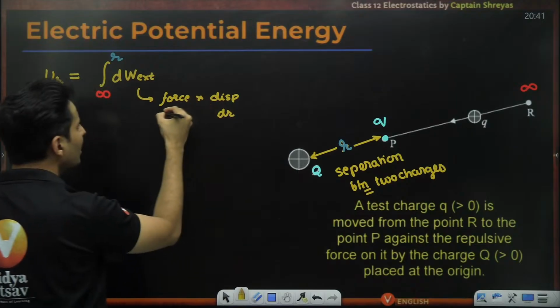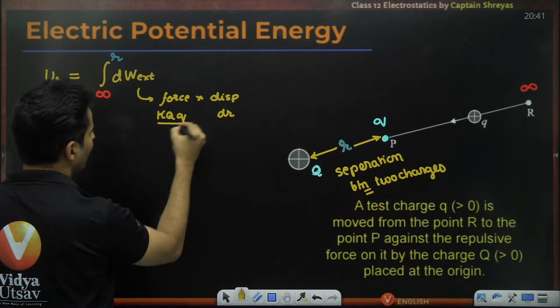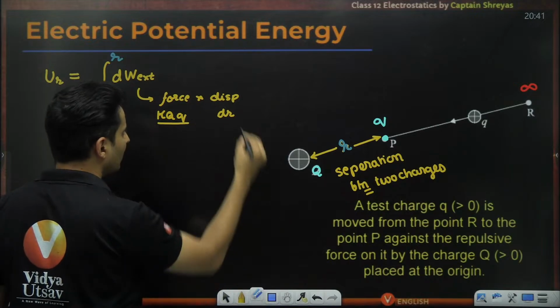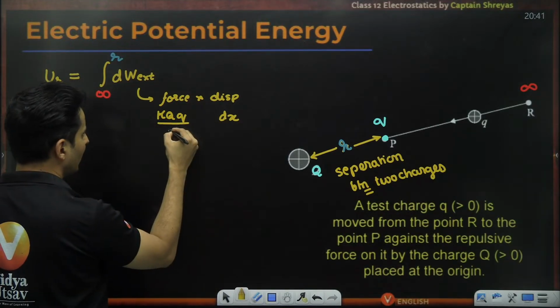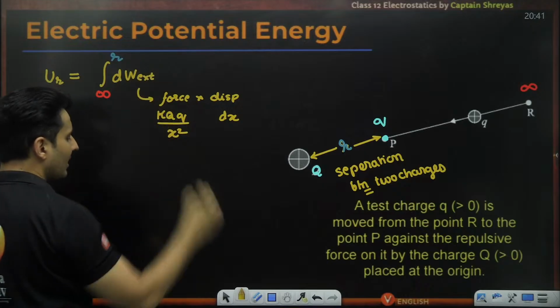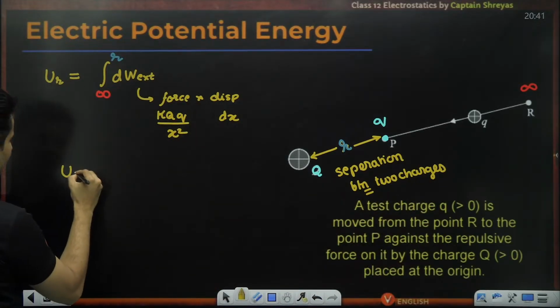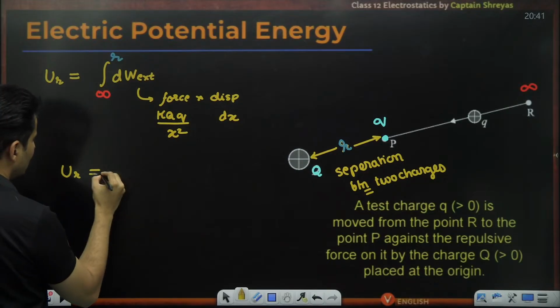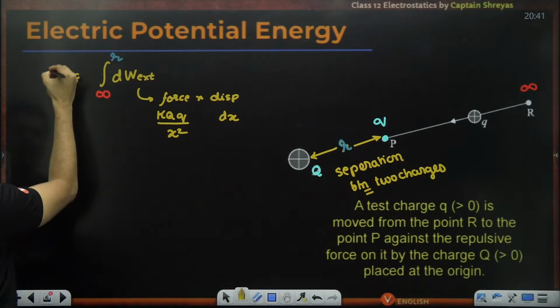Displacement can be dr. Force is your Coulomb force, which is Q divided by, you can write dr or you can write dx also, and this is nothing but x square. So you integrate it with proper limits, and then you will get the potential energy for R separation, or you can just keep it as U only, one and the same thing.